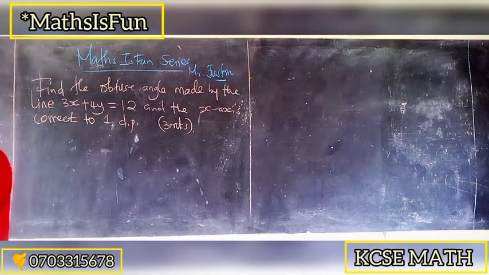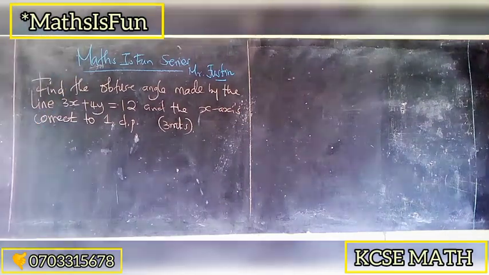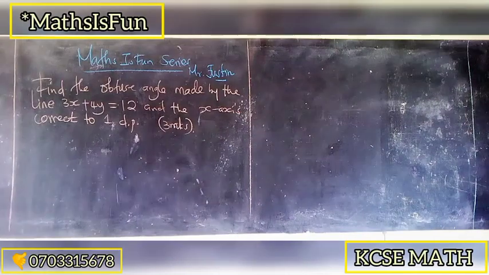Find the obtuse angle that is made by that line, given the equation, and the x-axis, correct to 1 decimal place.